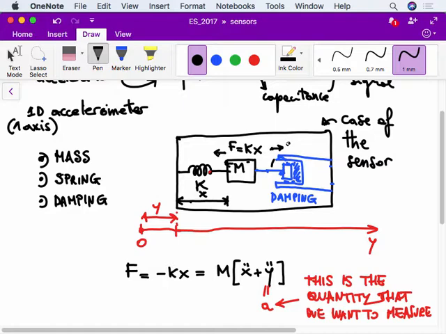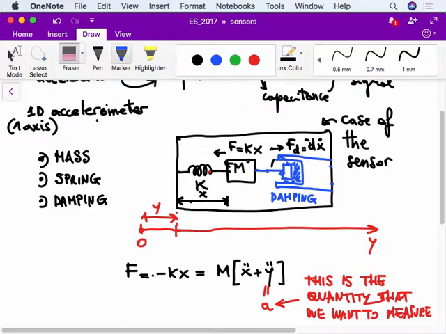So I have a force due to damping, Fd, which is equal to a damping term times the velocity. And it goes in the opposite direction with respect to the velocity. So it is this way. So if I want to write the thing completely, I just forgot this piece, sorry.